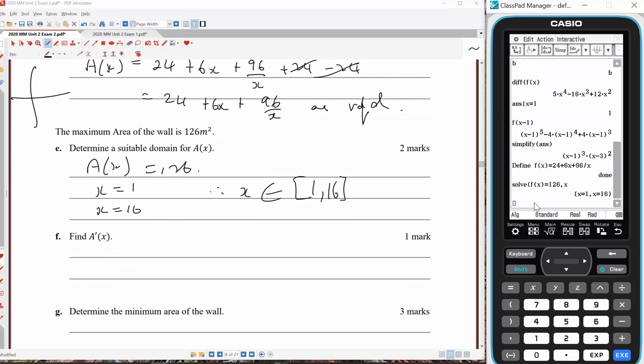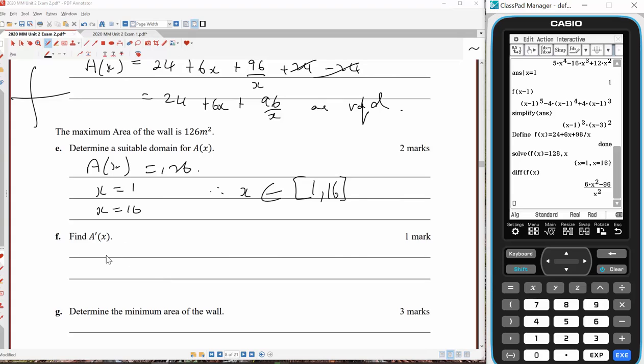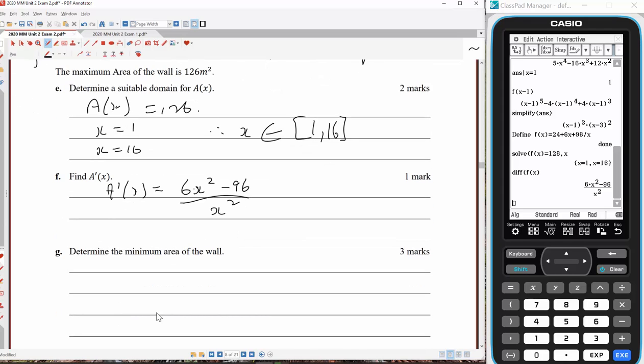Find A dash of x, differentiating f of x. A dash of x is equal to 6x squared take 96 all over x squared. Determine the minimum area of the wall.